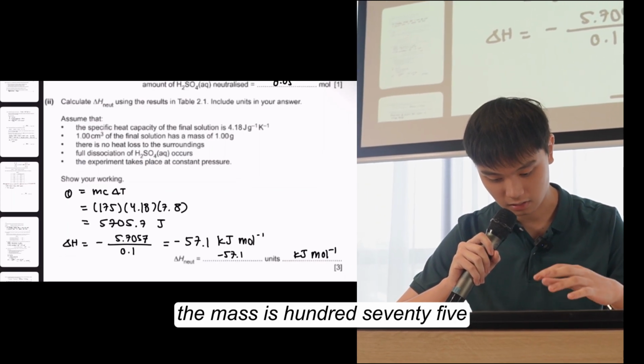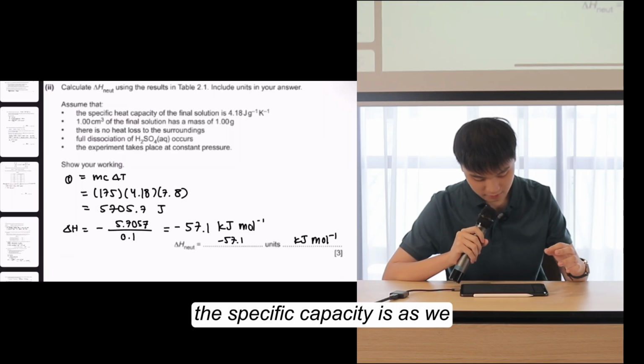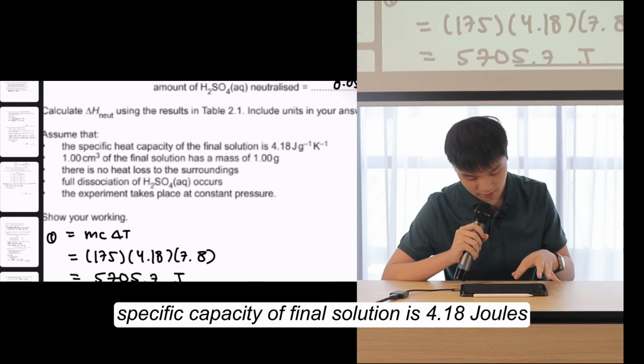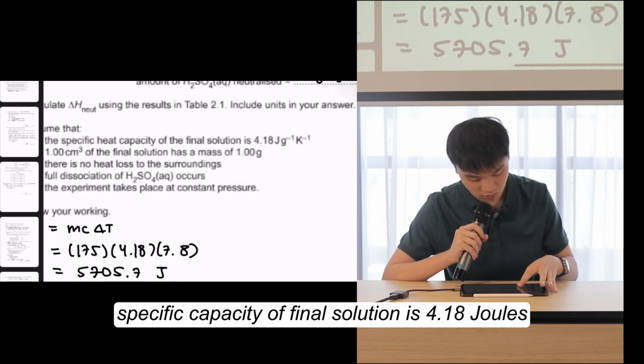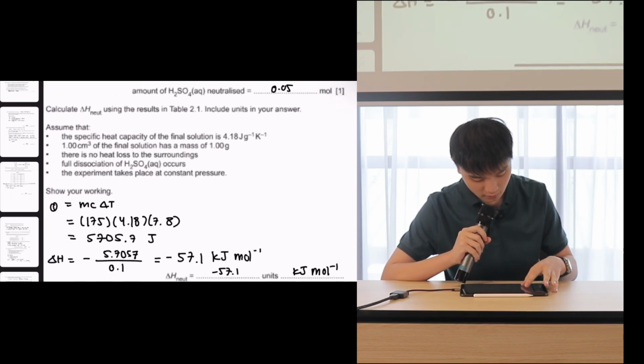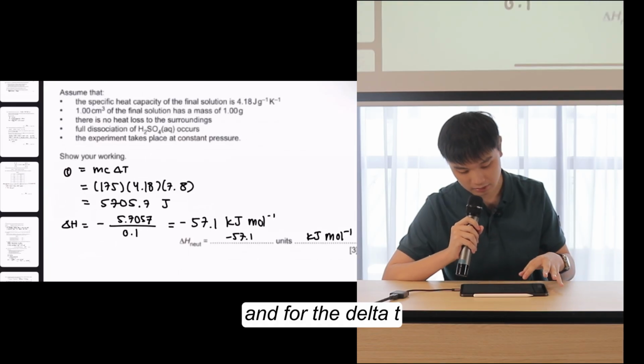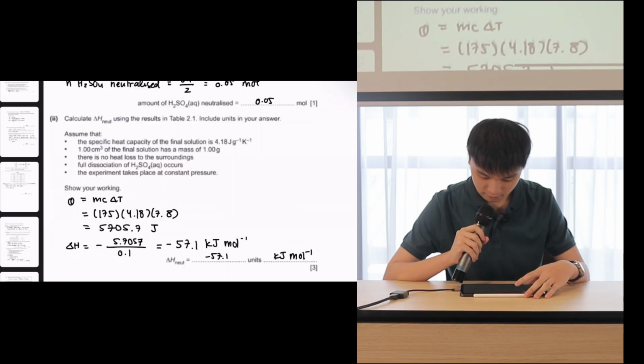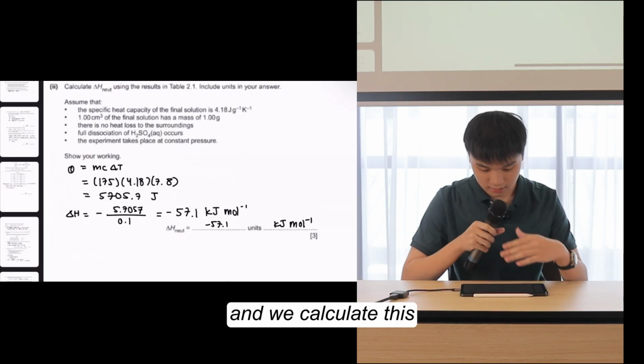The mass is 175. The specific heat capacity is, as we can see here, assume that the specific heat capacity of the final solution is 4.18 joules. And for the delta T, we'll calculate the temperature change, which is 7.8. And we calculate this.